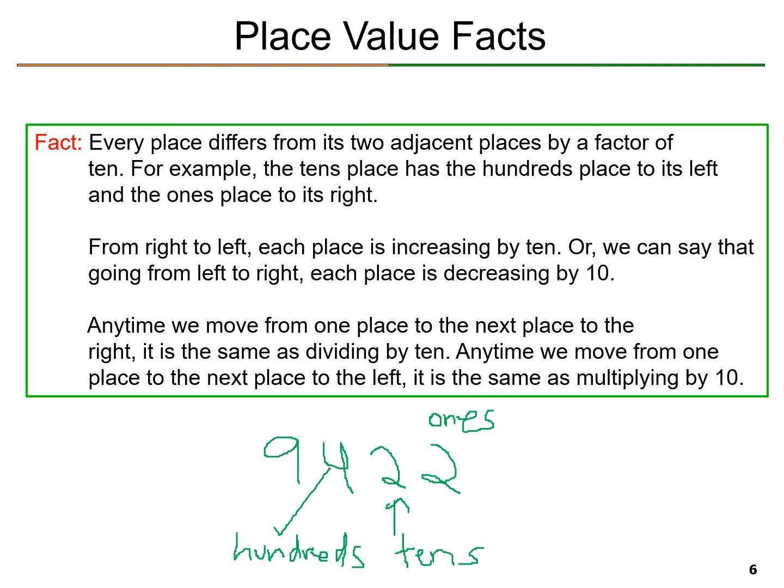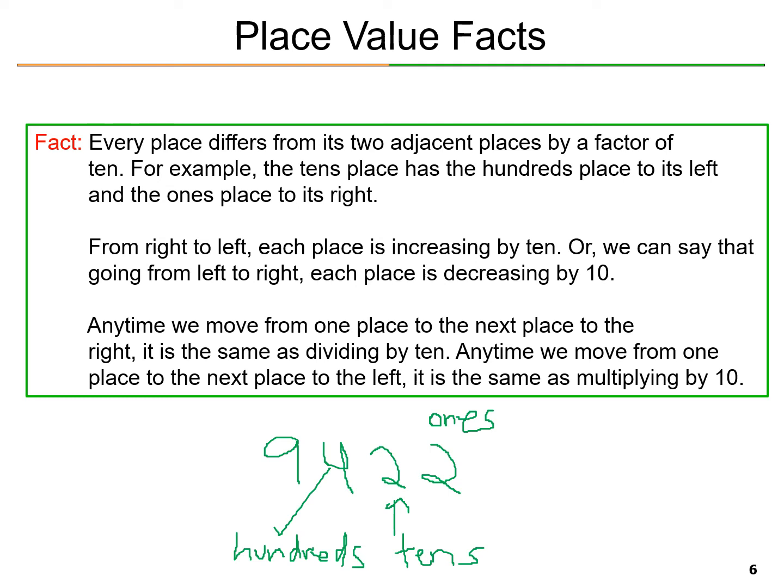And what we're saying is each place value differs by a power of 10. So 100 is 10 times 10. When I go from right to left, that's the same as multiplying by 10. When I go from left to right, that's the same as dividing by 10, because the 1 in the ones place is 10 times smaller than 10.